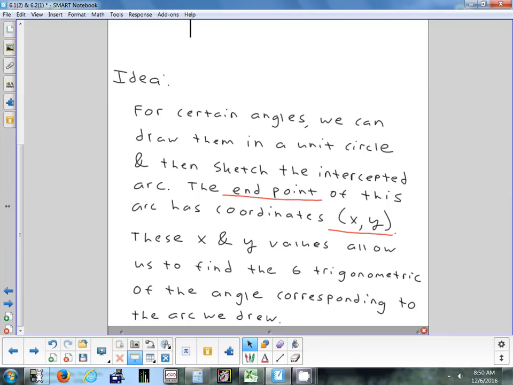Now, I said certain angles because we're only going to do angles on a unit circle that are multiples of 30 or 45. If it's an angle that's not, we'll use a calculator.